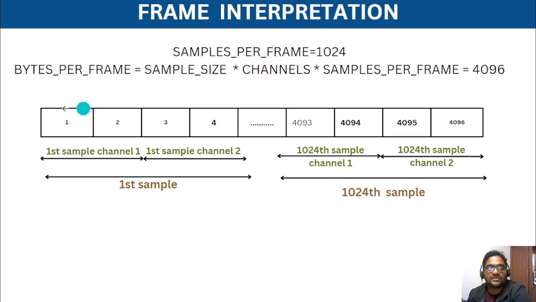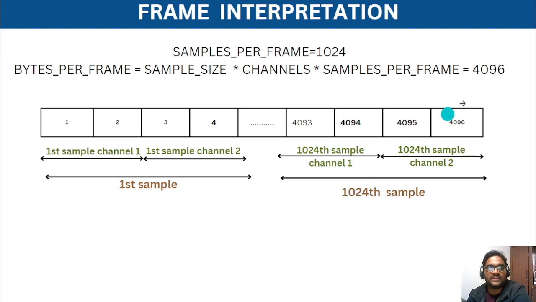Why this particular number? As we mentioned in the FFmpeg specs, samples per frame is 1024. So from channel 1 we'll have the first sample, which is 2 bytes, and from channel 2 we'll have the first sample too, and like that for two channels we'll have 1024 samples each.